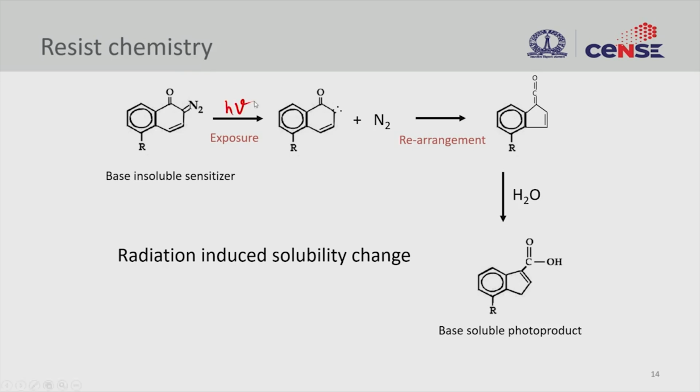You put in a photon. When you put in a photon, you can take out this nitrogen that leaves your dangling bond here, and then this dangling bond is going to be rearranged in the presence of this oxygen and carbon in the bulk, and it will rearrange in this format, what you see here.